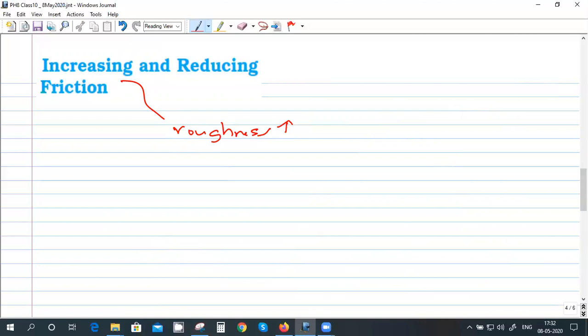Instead of rolling friction, do sliding friction. That is for increasing, and what you said is correct. So rolling should be converted to sliding. And anything else?